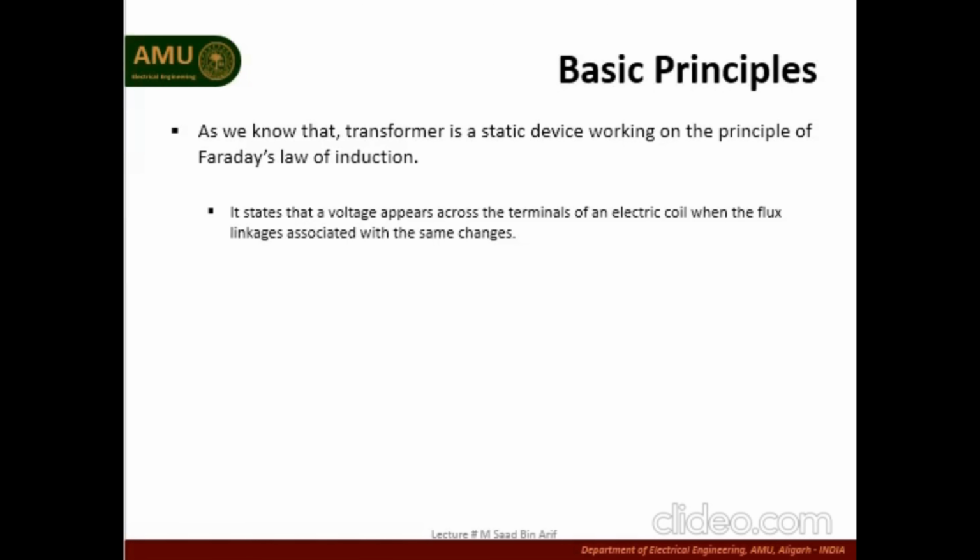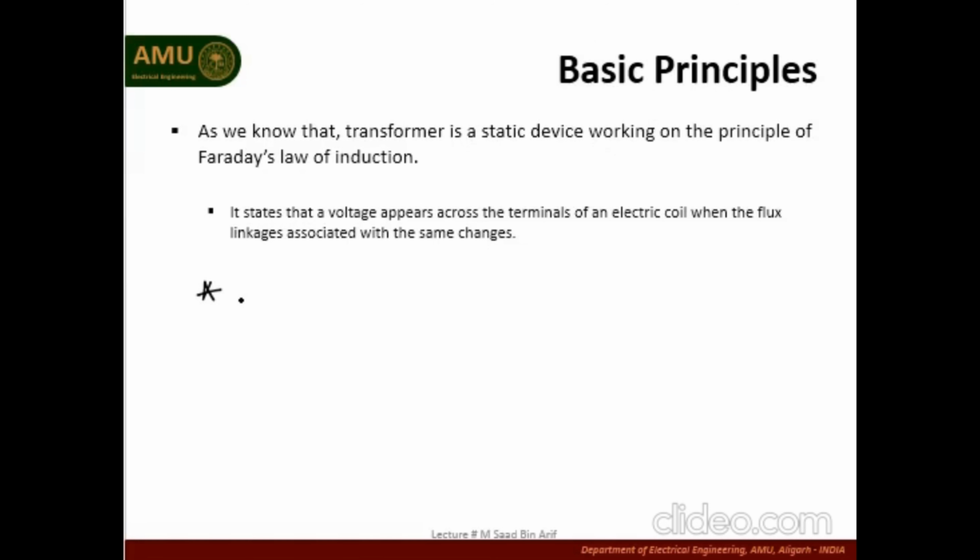We know that Faraday's law of electromagnetic induction plays an important role for this purpose. As you know, transformer is a static device working on the principle of Faraday's law of electromagnetic induction, and it says that the voltage appears across the terminal of an electric coil when the flux linkage associated with the same changes, then the EMF is induced across that terminal.